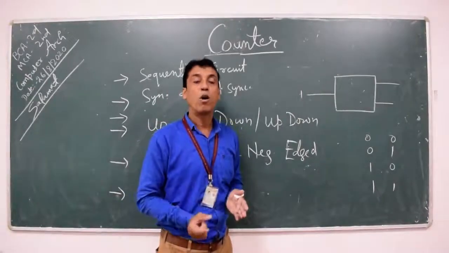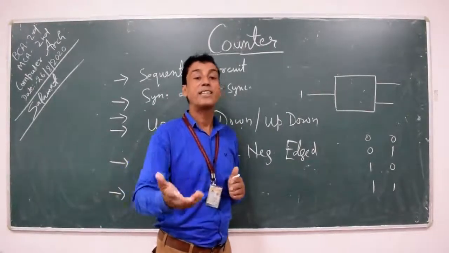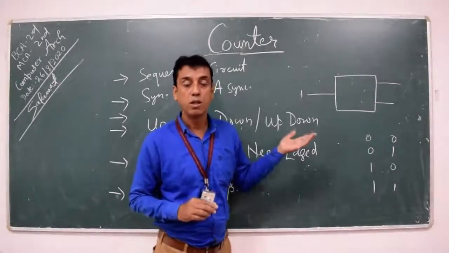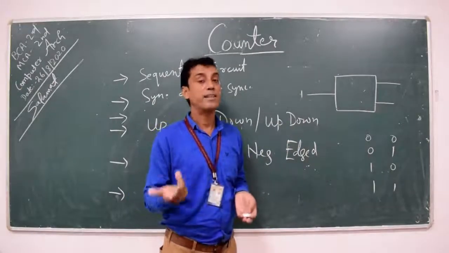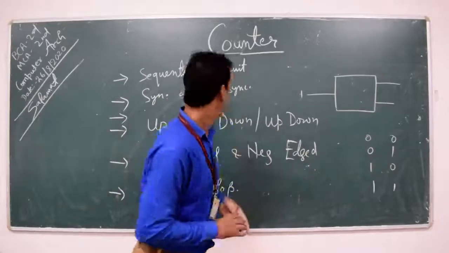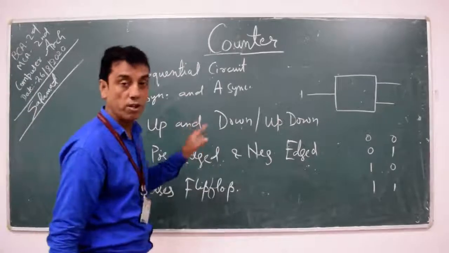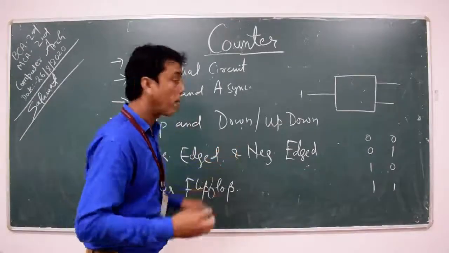The name of this circuit itself signifies its purpose. What is the purpose? It counts. It produces binary digits either in ascending order or in descending order. So the first and the most important point about the counter circuit is its purpose.